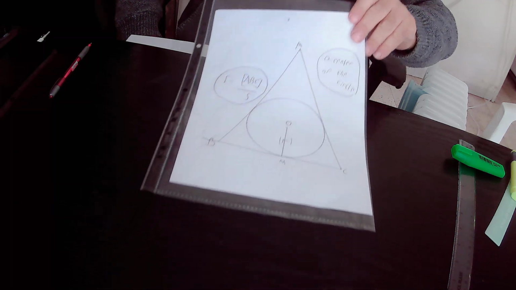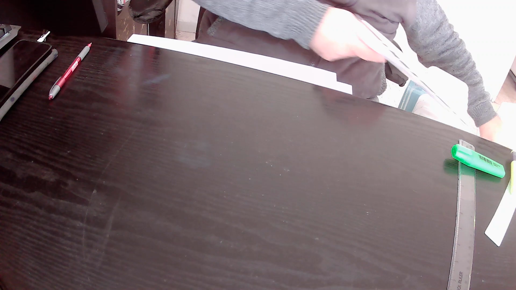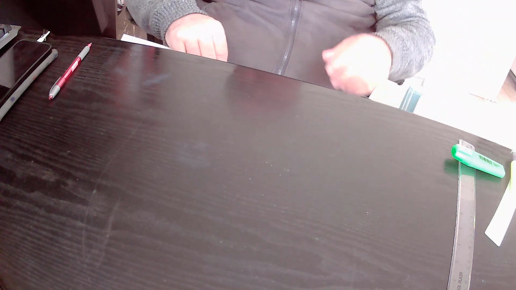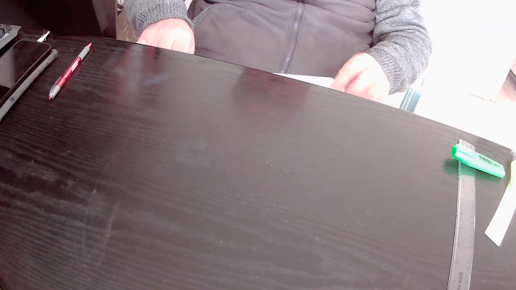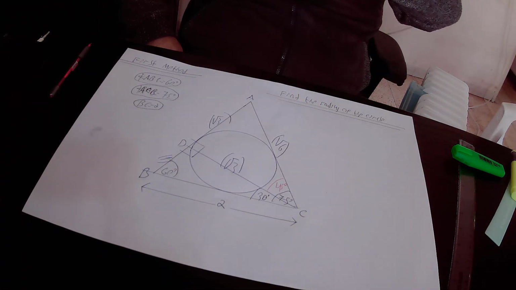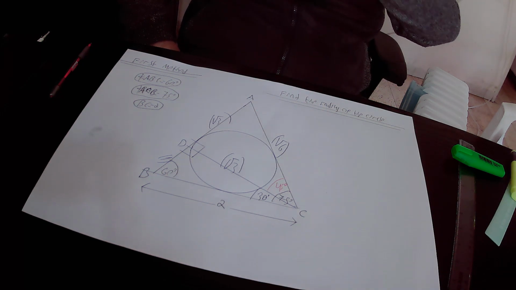So we can actually implement rule number 15 in our drawing. Why? Because in our drawing we have a circle that is described by triangle ABC. Our mission is to find out the radius of the circle.